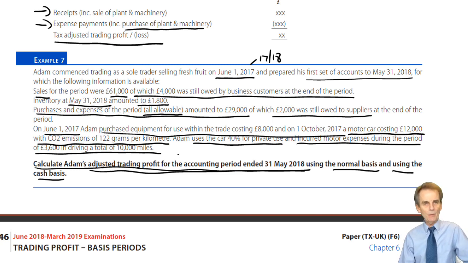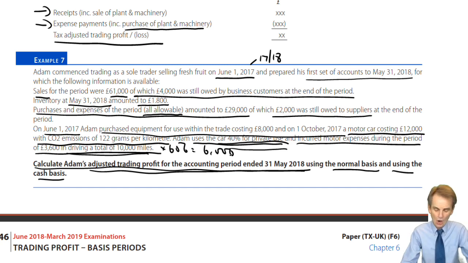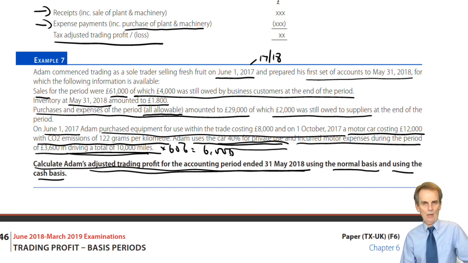For the cash basis, we needed to know what the business mileage came to. Well, we've been told that during the period he drove a total of 10,000 miles, and that he used the car 40% for private use. So only 60% of those miles, i.e. 6,000 of those miles, are going to be business miles.